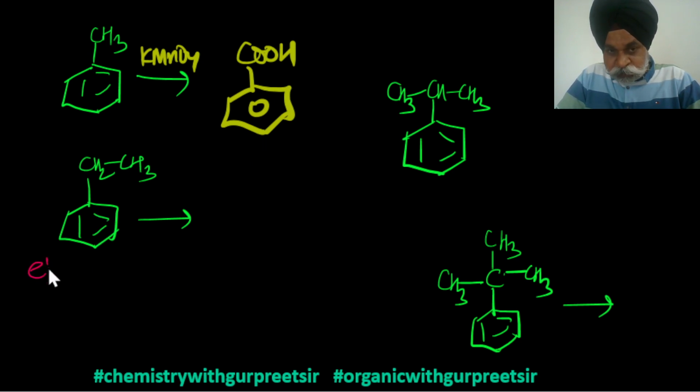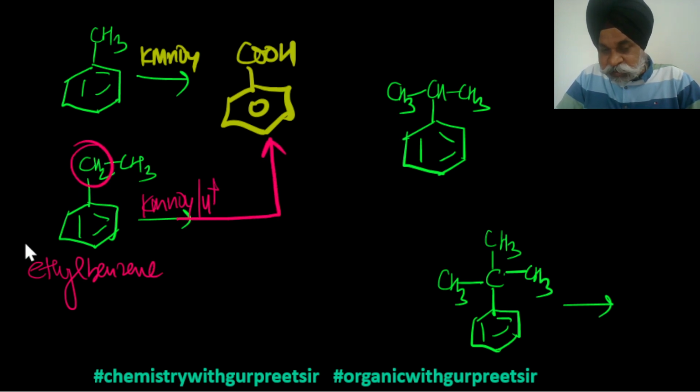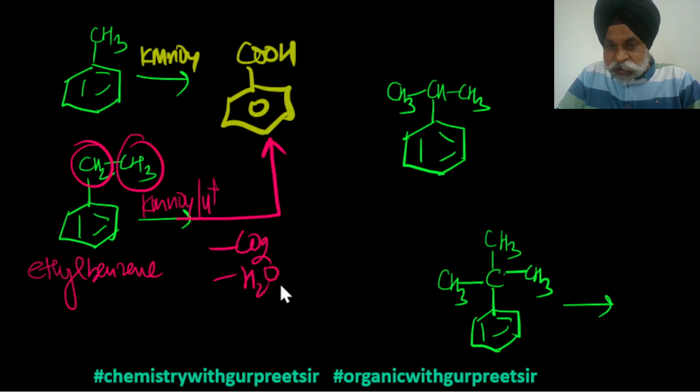ethyl benzene also. If you are treating ethyl benzene with KMnO4 along with heating, you would get this benzoic acid from here also, because this carbon still has two hydrogen atoms, and the rest of the carbon would go out as carbon dioxide and water. Whatever is the requirement of the oxygen, KMnO4 keeps on fulfilling it.